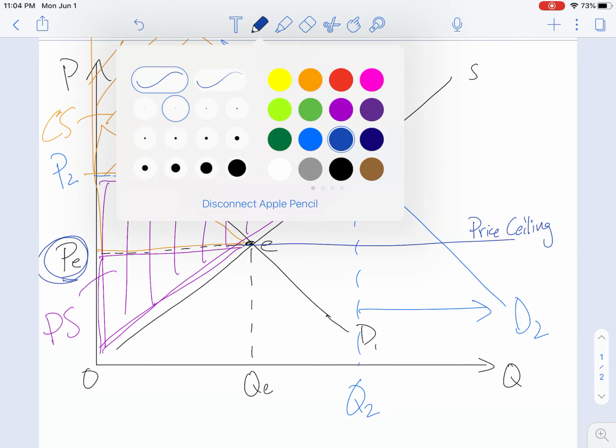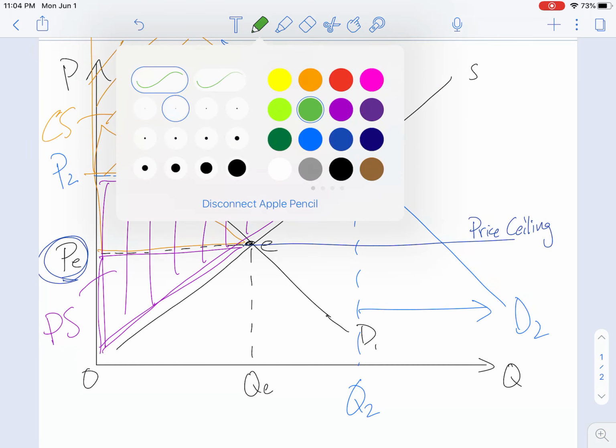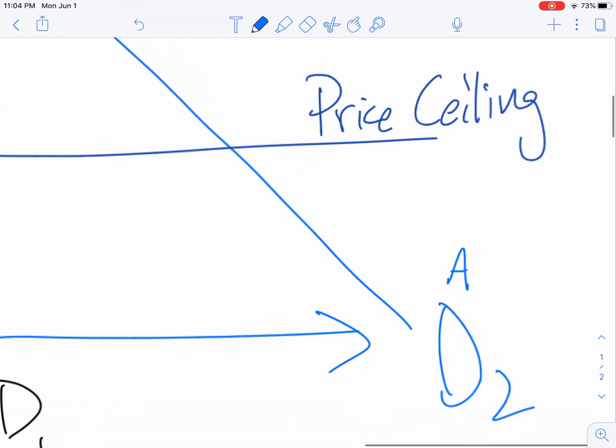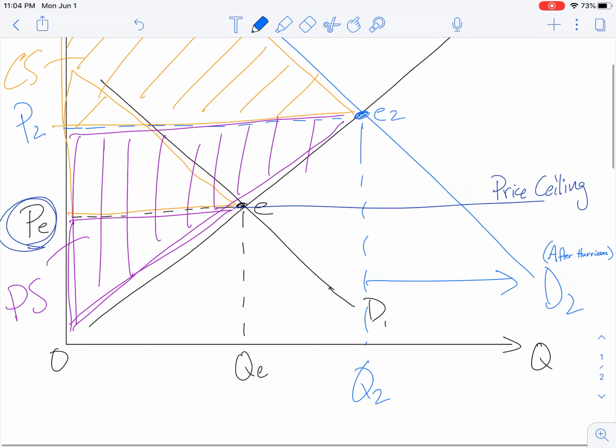Now, notice what happens though. Let's just for a minute think about the initial post-hurricane. In fact, let's label this, right? This is demand 2 is after. Let's make it bigger so I can write neater. After the hurricane, right? That's demand 2.